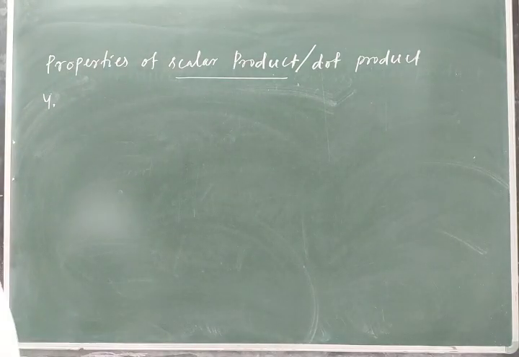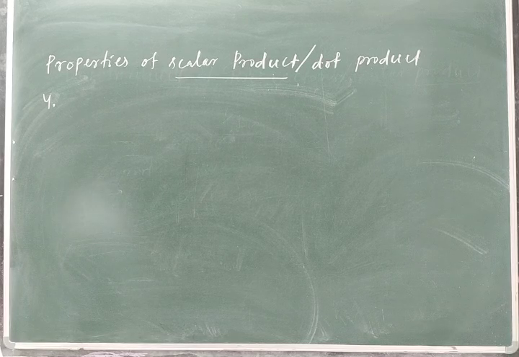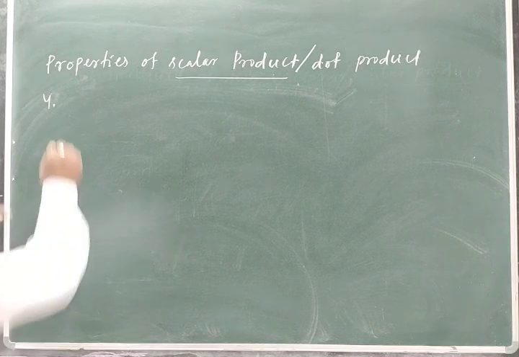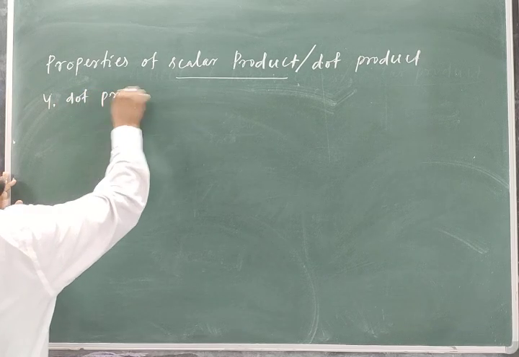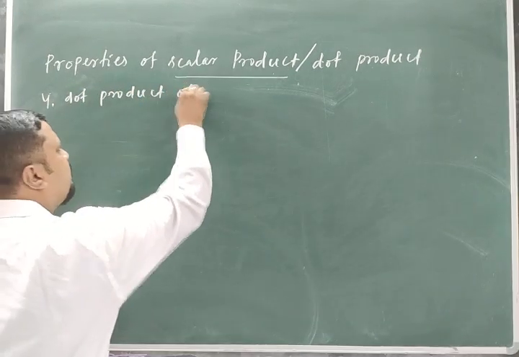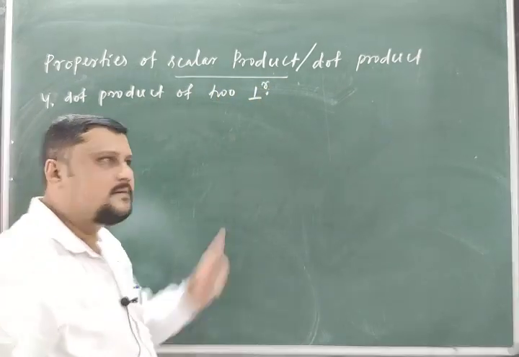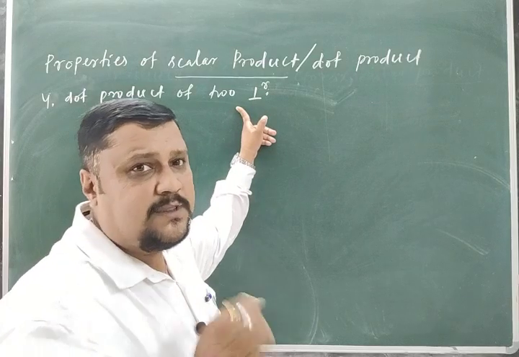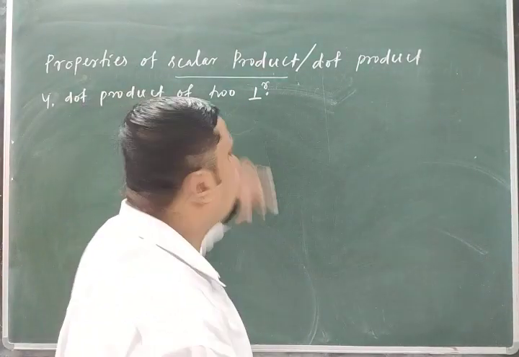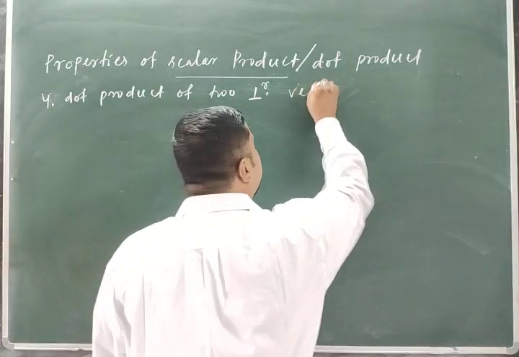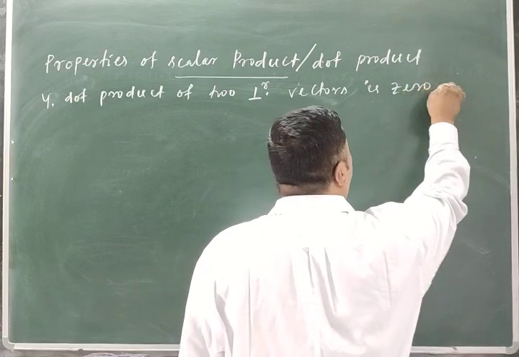Then the dot product of two perpendicular vectors. What is it? The dot product of two perpendicular vectors is 0.